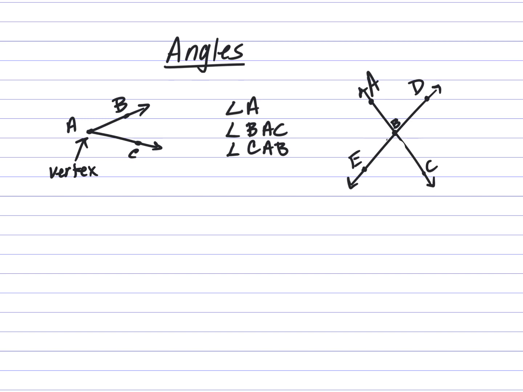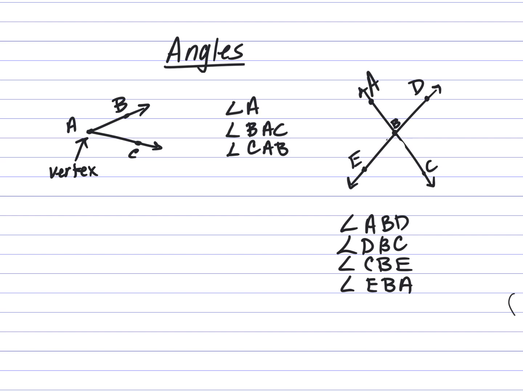But you can see here, if I were to try to use one letter to name an angle, it would be really hard because the vertex B is the same for angle ABD, angle DBC, angle CBE, and angle EBA.